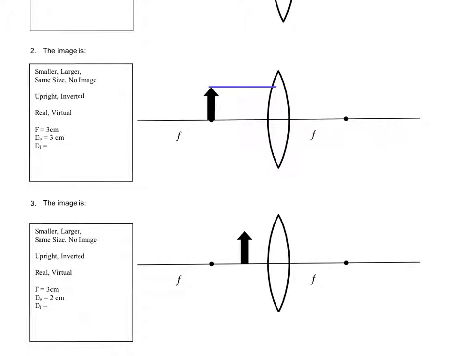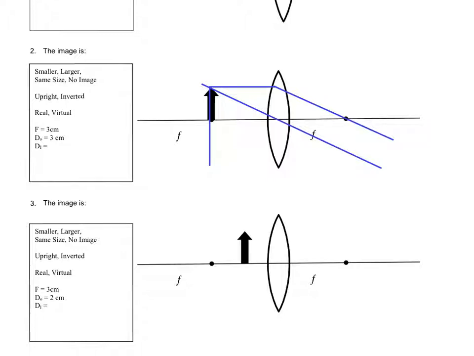Second ray, or I'm sorry, the continuation of that ray is going to refract through the focal point on the opposite side. The second ray ideally needs to go through the focal point, but it's on the focal point, so that ray is not going to pass through the lens. And my third ray will pass through the center of the lens and continue unchanged.